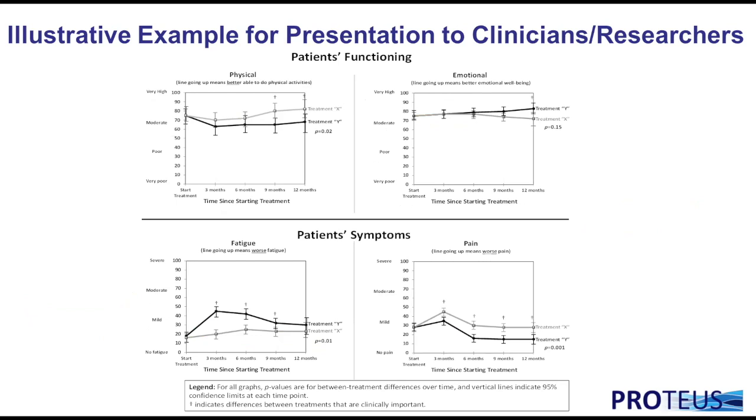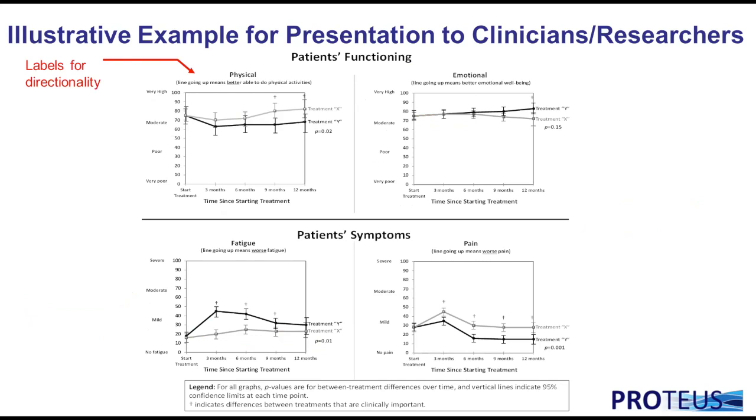Here's an example of how to display data for clinicians or researchers. Again, we use line graphs of average scores over time, but these versions include additional statistical and other details we will describe later. These graphs are shown in black and white, which remains common for journal publications, and for printers that clinicians and researchers may have access to.